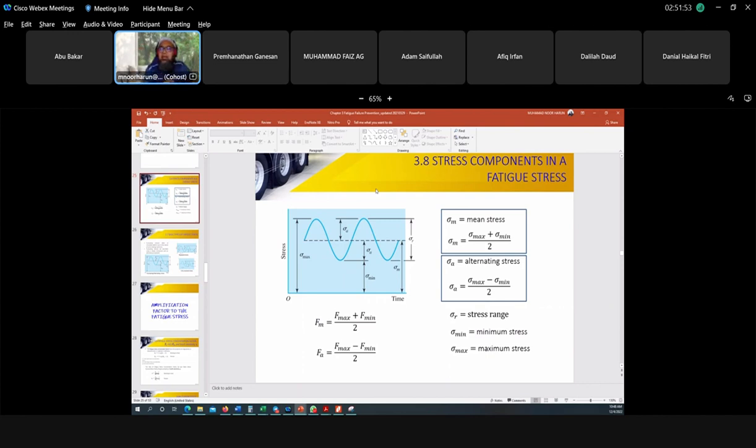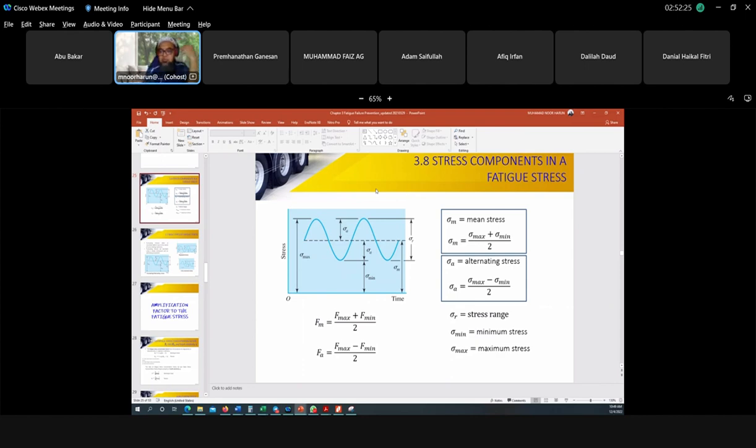the diameter of the shaft yang kita gunakan tu biasanya shaft yang diletakkan untuk bearing, okay, normally a bit larger. So it has the fillet, okay.